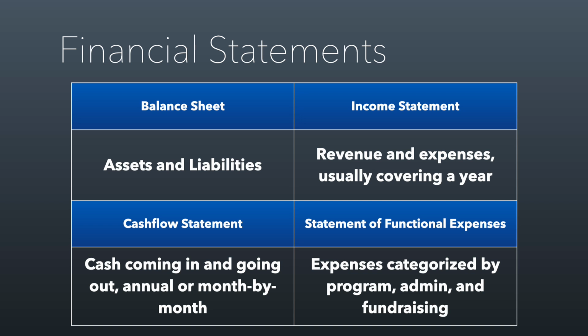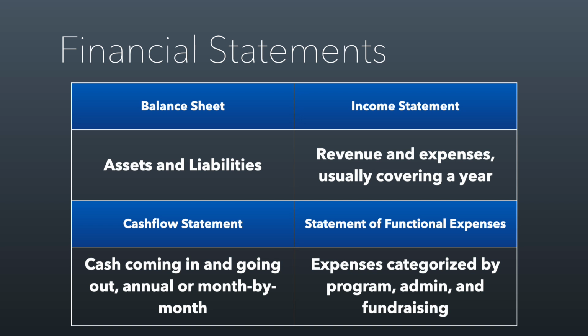And so the purpose of having different financial statements is that each one is like a different lens for viewing the financials of the organization from a different angle. That's why these financial statements each matter: each one gives you a new and different perspective on the financials that the other ones cannot. So let's talk about each of these in turn.